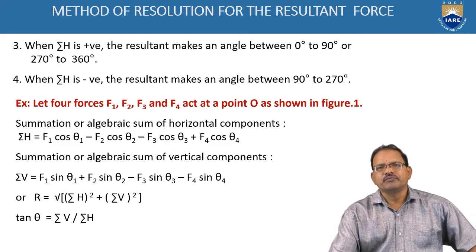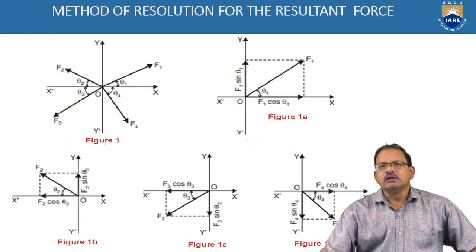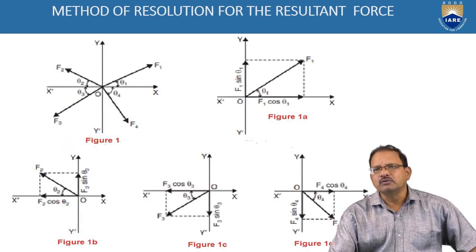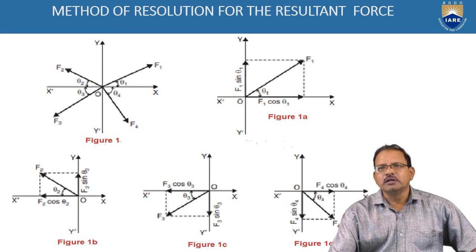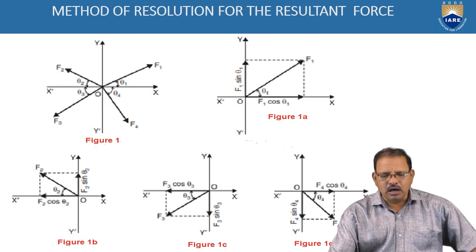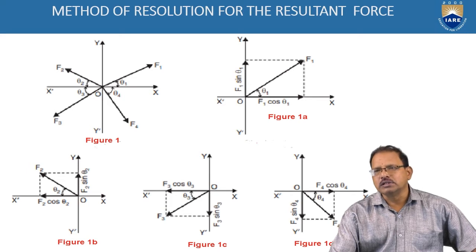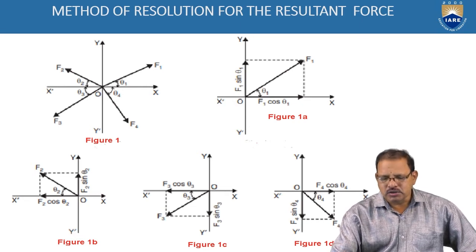Here, in an example, let four forces F1, F2, F3 and F4 be acting at a given point on a body, as shown in the figure. These forces are resolved into two rectangular components, shown in figure 1a. Let theta 1 be the angle made by the force F1 with the x direction measured anticlockwise. Then the horizontal component is F1 cos theta 1 and the vertical component is F1 sin theta 1.